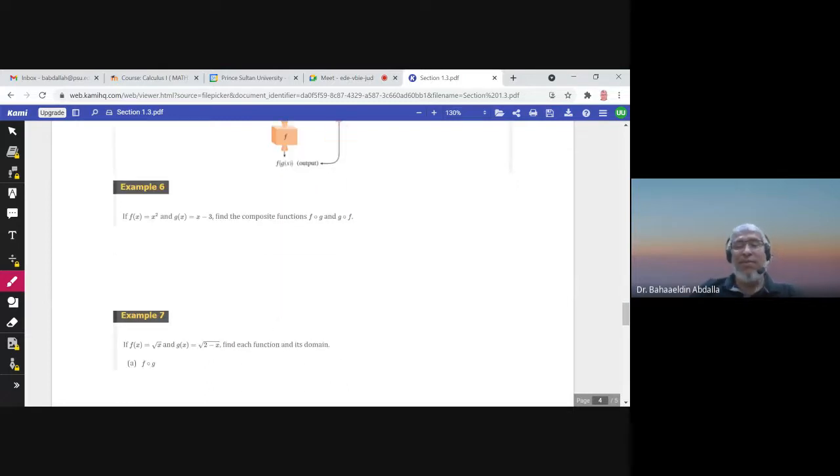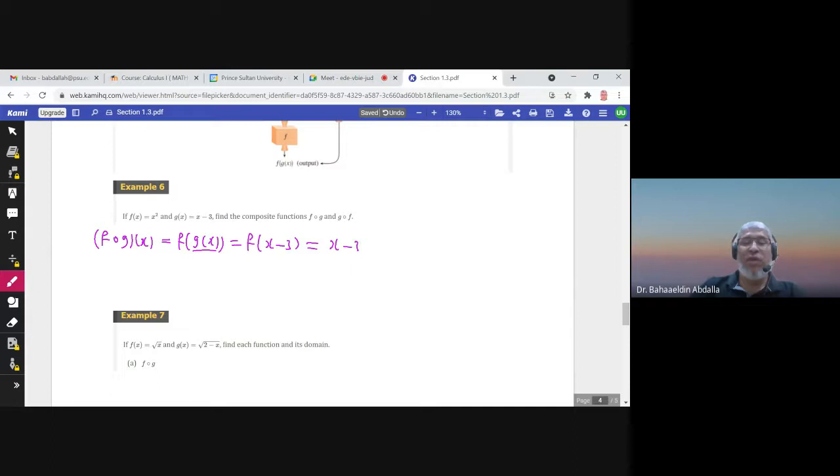Some examples. Let us find here f circle g of x. By definition, it is f of g of x. So it is f of, put g of x inside, replace g of x by its definition, and then find f of x minus 3 from the definition of f. So replace x by x minus 3.